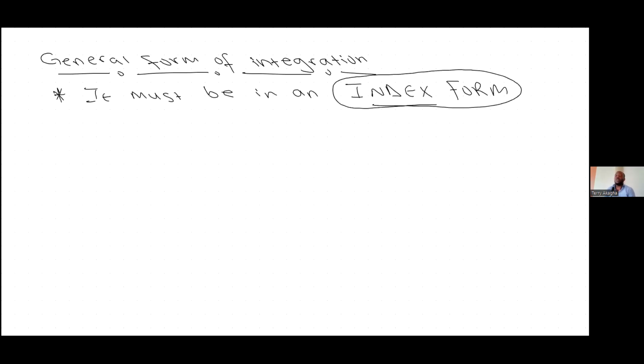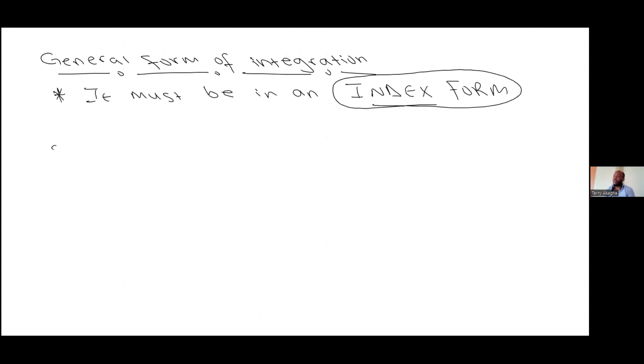That's the main thing you need to keep in mind. Before you start to integrate, make sure that the question, the value of y, is in an index form. Now, there are three rules of integration.